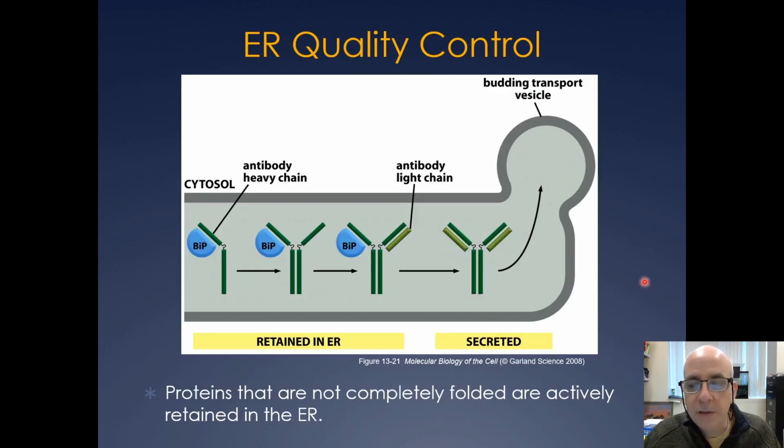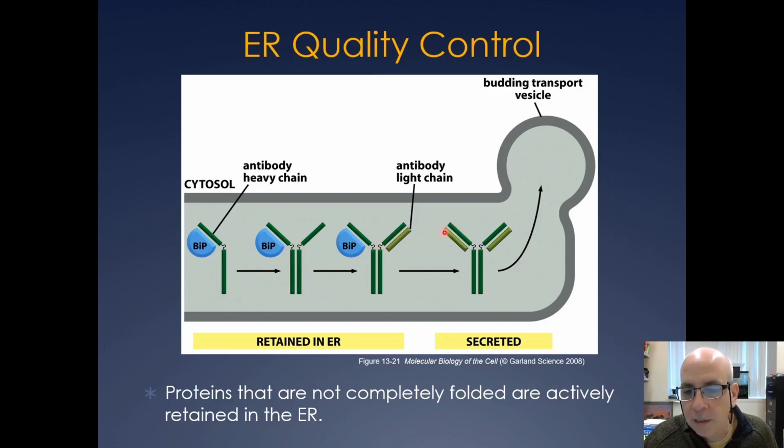And here's an example of how that happens in ER quality control. So this is an antibody, and antibodies are actually four proteins. You have two heavy chains, shown in dark green here, and two light chains, shown in light green. And here you have BiP. This is an HSP70 family member, and it's binding to regions on the antibody heavy chain. The two heavy chains will come together, and then you'll get formation of the light chains.